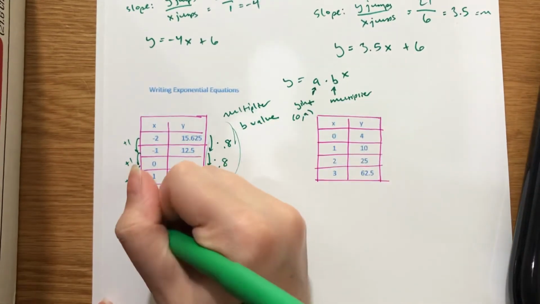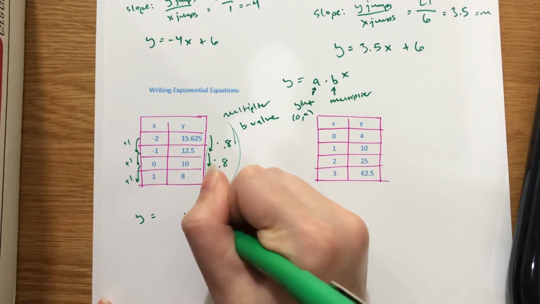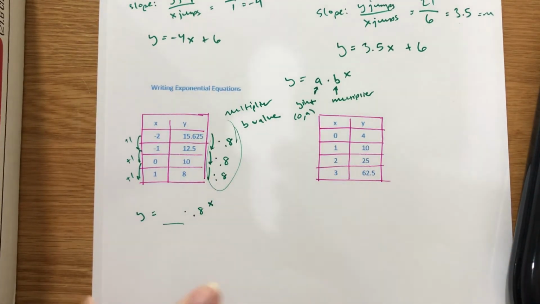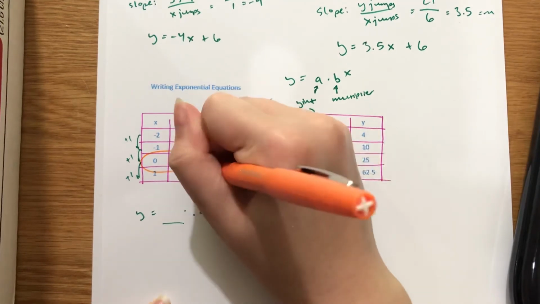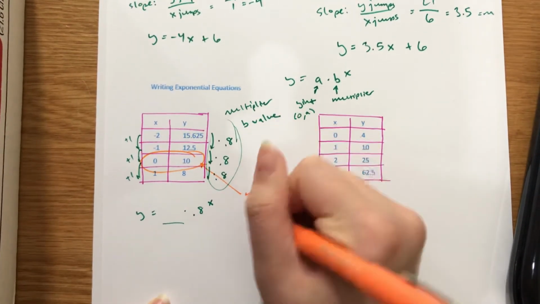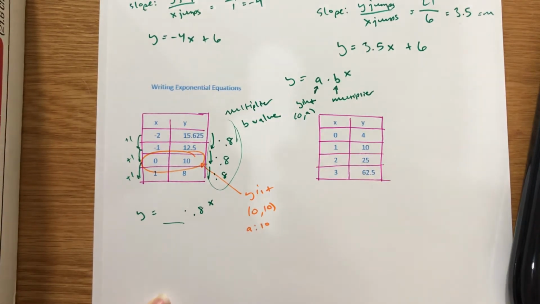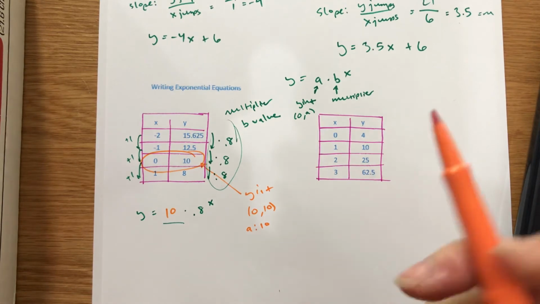So to fill this one in, right now we've got y equals, we don't know our a value yet, times 0.8 to the x. To fill in the a value, you just have to find the y-intercept, like for linear functions. So find when x equals 0, which happens here. That's my y-intercept, and it's (0, 10). So my a value is 10. So it's 10 times 0.8 to the x.